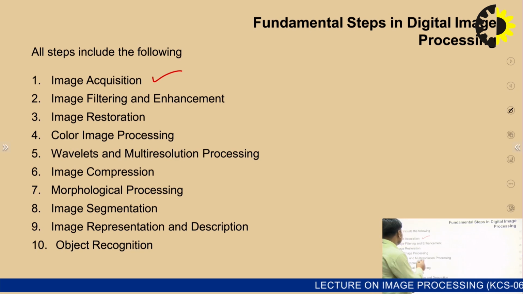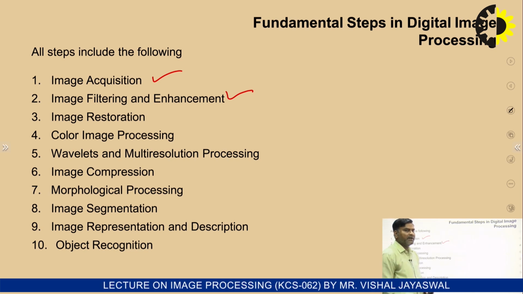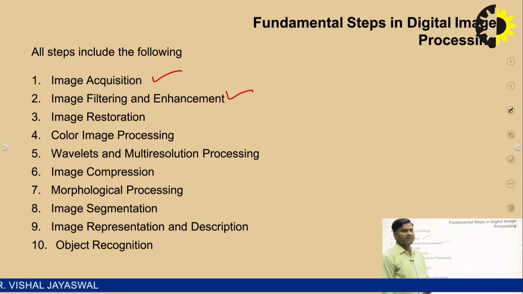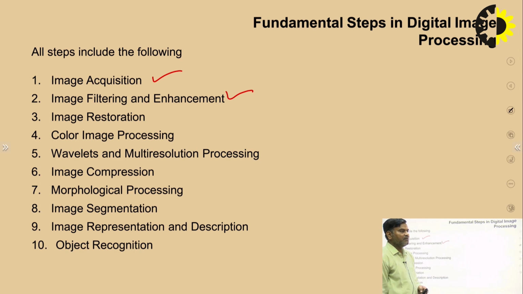Second is image filtering and enhancement. If we talk about image filtering, for filtering an image we have two things. First is an image, obviously, and second is a filter. If we want to process a particular image, we apply the filter mask to the input image.